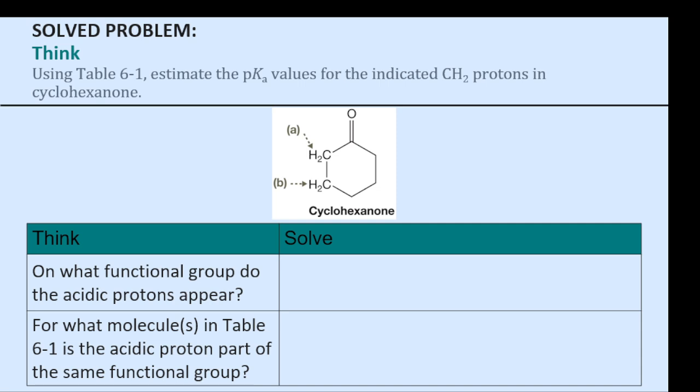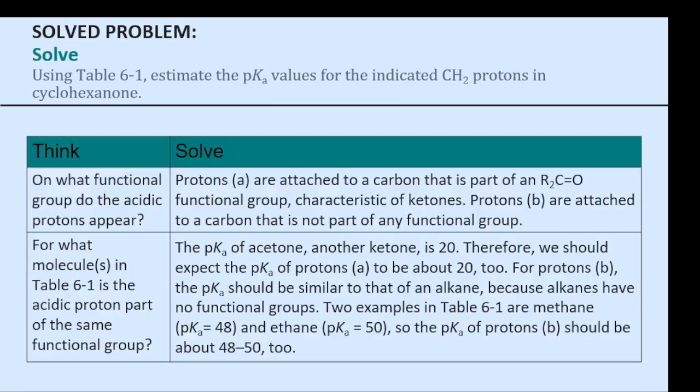Okay, so why is A more acidic than B, by the way? You got it. That oxygen's going to pull electron density from it, right? And that's going to make it so it's a lot more stable when it's negatively charged, isn't it? Okay. Got it.